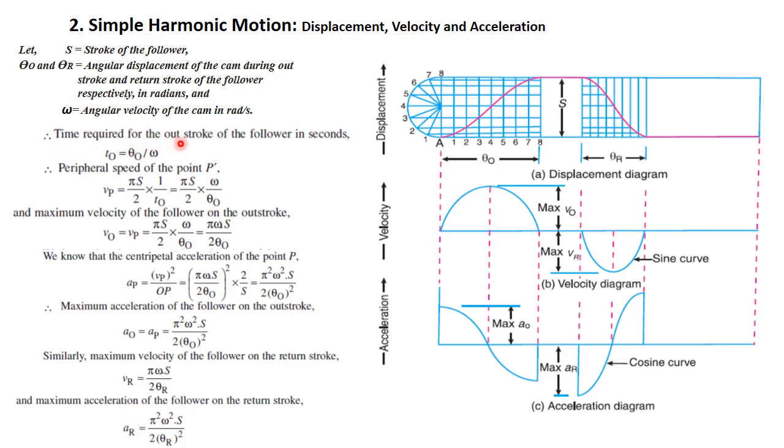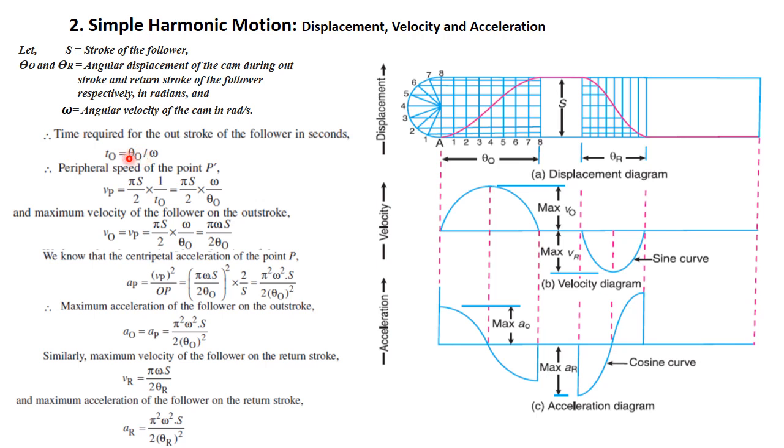The cam is going to rotate with constant angular velocity. Therefore the time required for the outstroke of the follower in seconds will be equal to theta naught by omega, because this is nothing but the angular displacement of the cam and this is the angular velocity. Therefore time is nothing but displacement upon velocity.